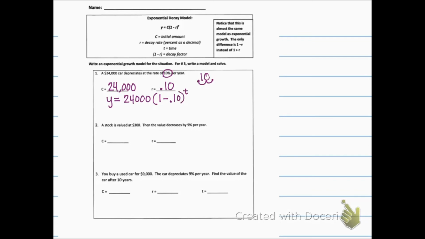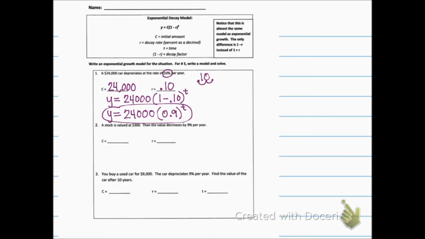I'm going to use t because that's what the directions said to do. And then if we clean it up just a little bit, 1 minus 0.10 gives us 0.9. And that would be our equation for that scenario.